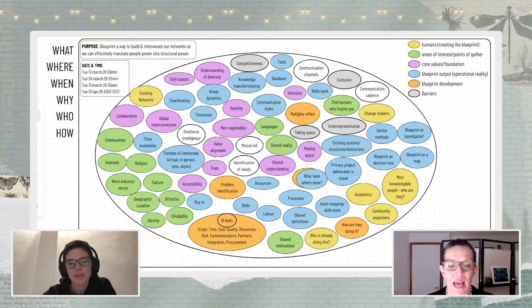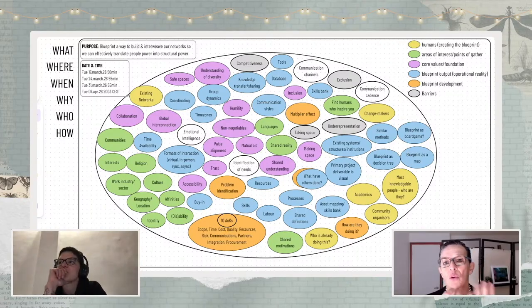Okay. I think mutual aid, I was going to put in purple. And emotional intelligence, I would put it in purple as well. Because it's a value and a foundation, and maybe people don't have it yet or don't know exactly what it encompasses, but it is something that we can address as part of the elements. What do you think?